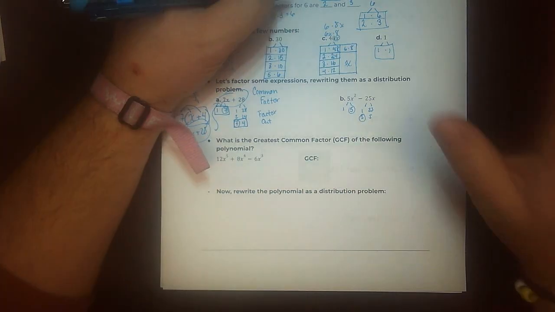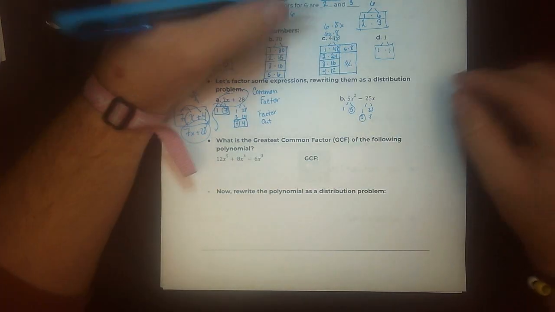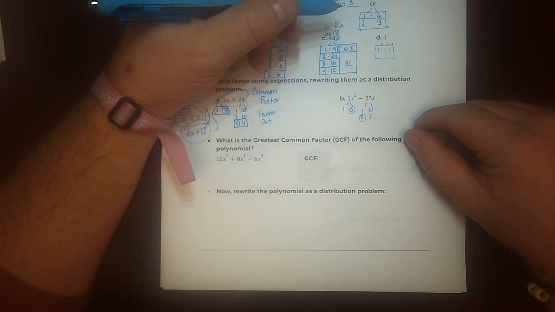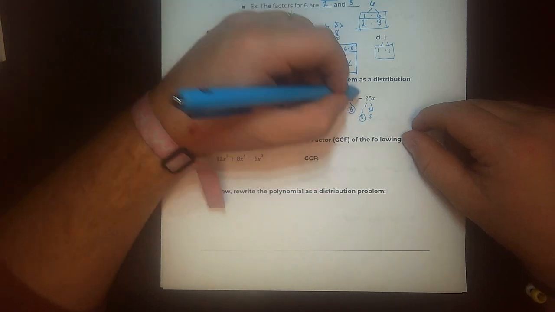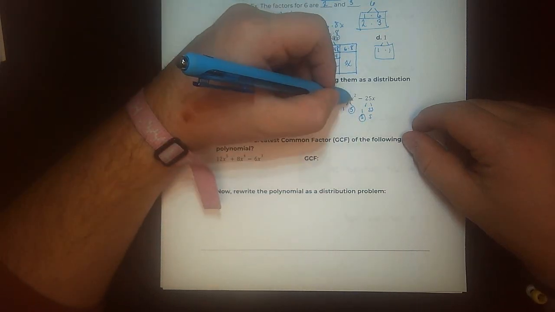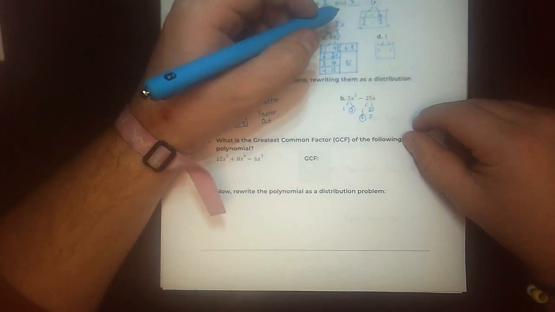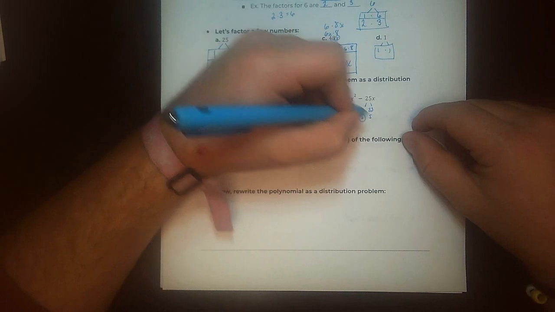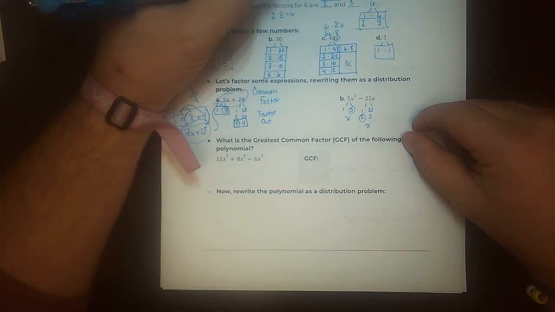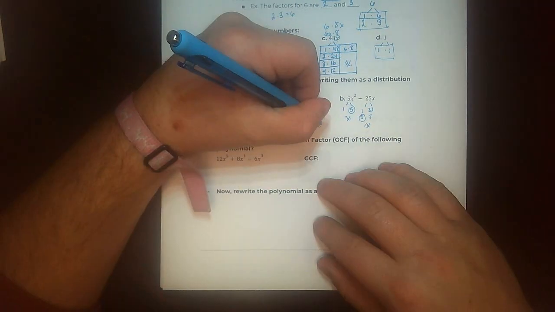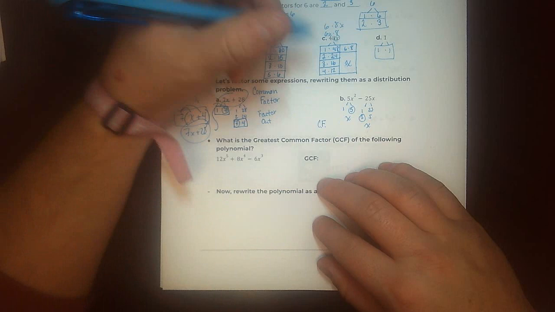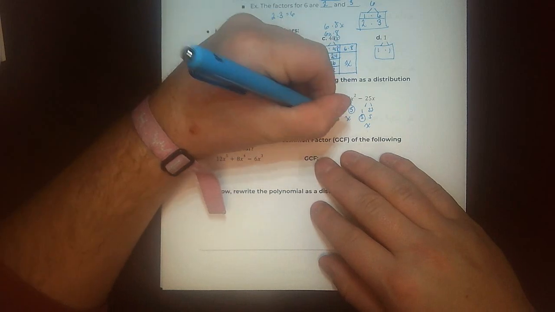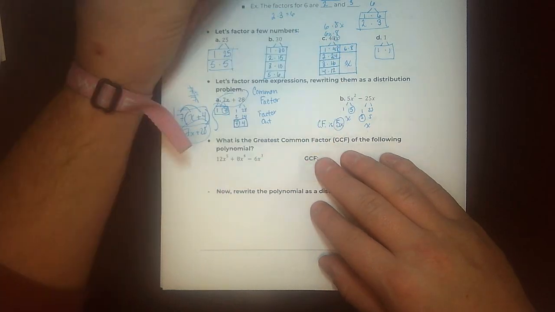But hold on. What else is multiplied in with both of these terms? They both have an x, right? This one has an x squared, and this has an x. So both of these have an x term with them also. So what that means is the common factor, I'm going to call it the CF, the common factor is 5x.